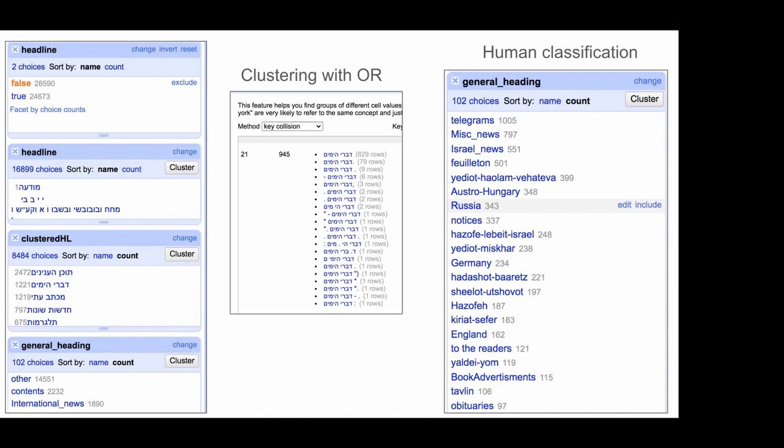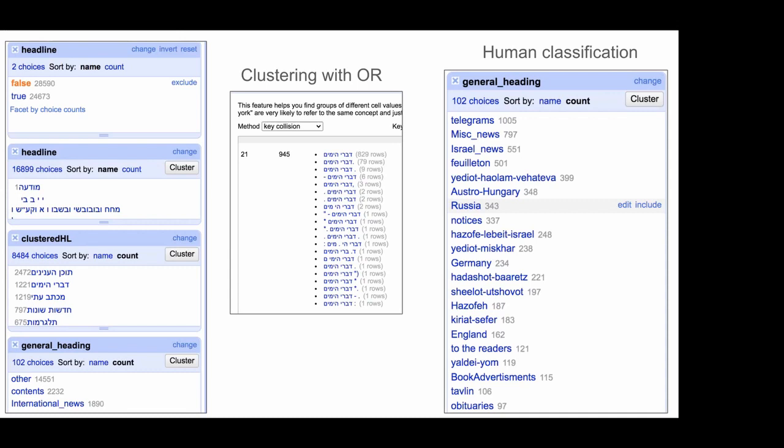But there's also other clustering. For example, and this is what I did when I started translating the headlines. I can translate Russia to Russia, but there's also a headline that's called Russland. It takes the German form. And then maybe I would like to translate it as Russland, and maybe I would like to cluster them together as Russia.